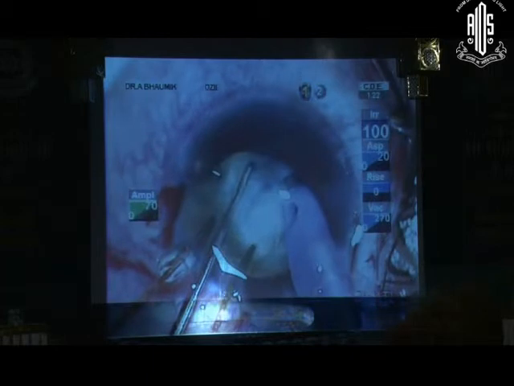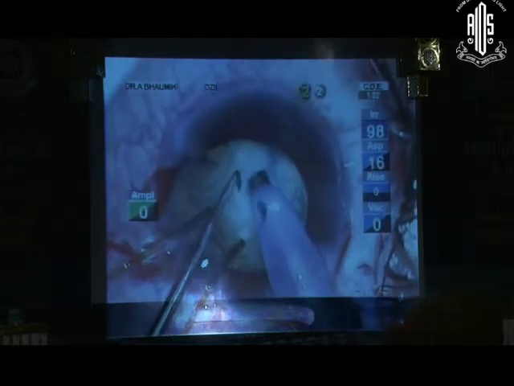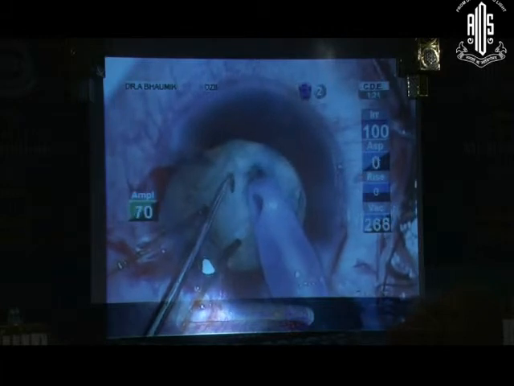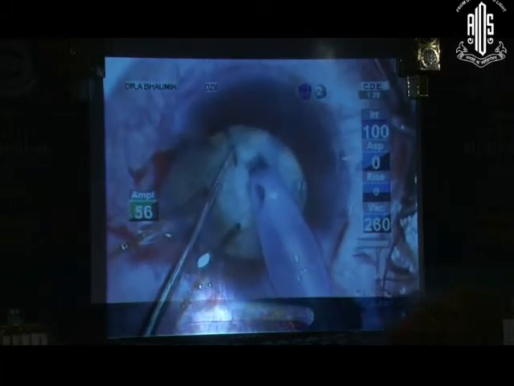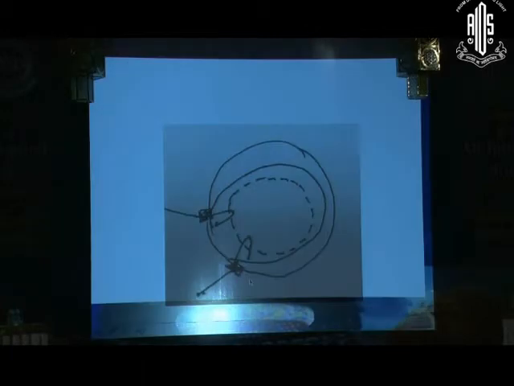I go slightly off-centered and slightly away from the actual colobomatous area, and stabilize the capsular rhexis margin. I always avoid this area, because I think there is some capsular problem in this area. I always hook both sides of the colobomatous area.